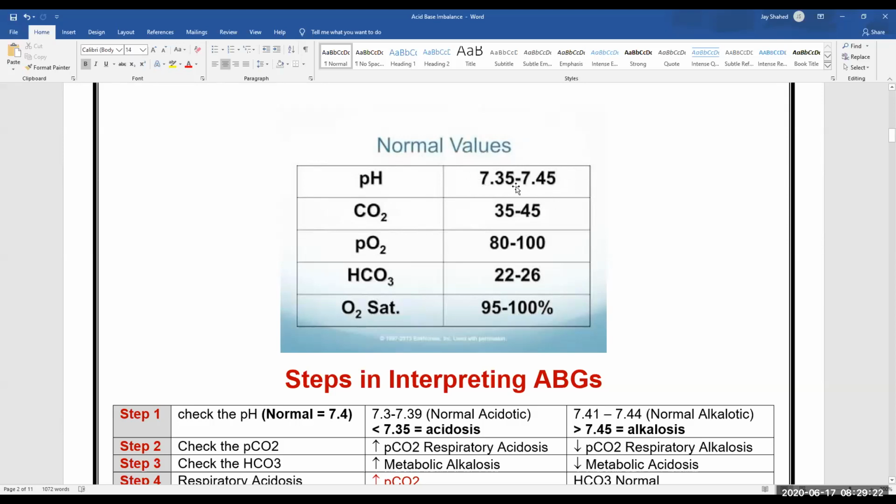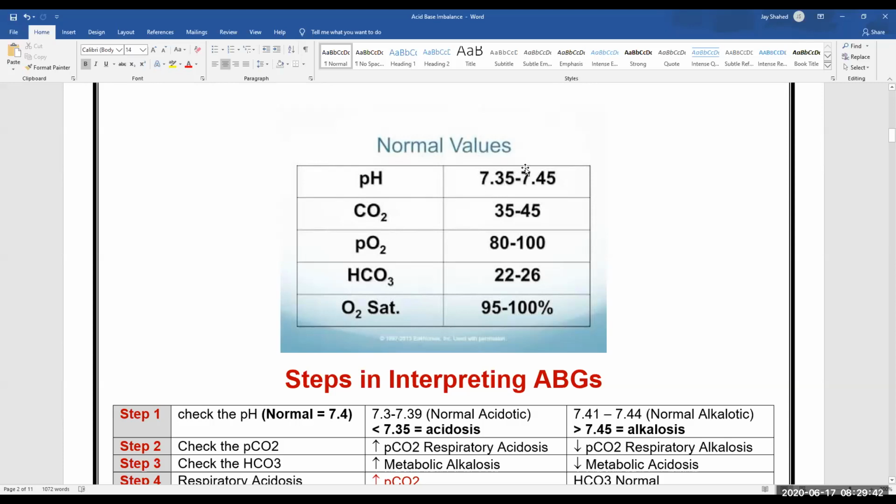Okay, so 7.35 to 7.45. But 7.4 is the mid-range right there. So 7.4 is the good number. Anything below 7.4, if it's within 7.35, that is fine. It's within normal range, but it's moving down into the acid side.